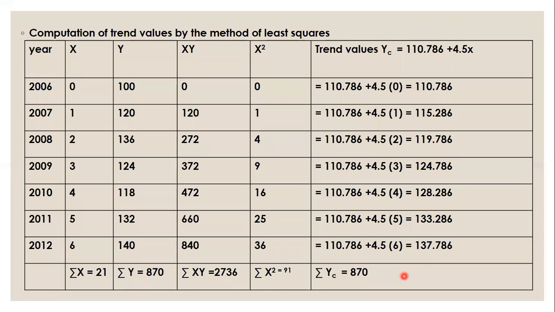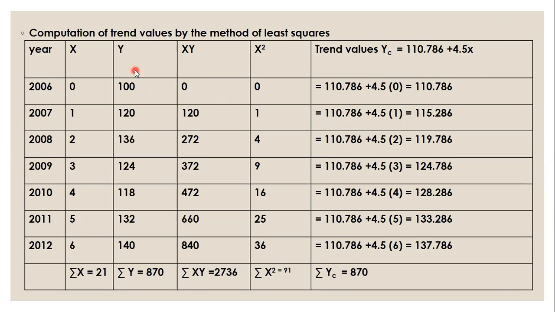Now, if in the question they ask you to draw the graph, here they have not asked you to draw the graph. But if they ask you to draw the graph, then you should consider the y values and the trend values, and then plot the graph like how we did for moving average. So I'm repeating it again.